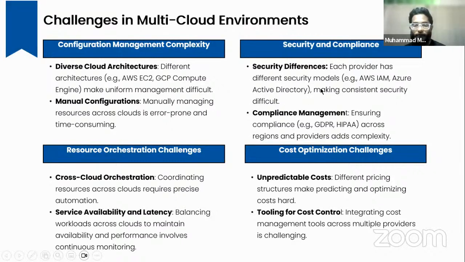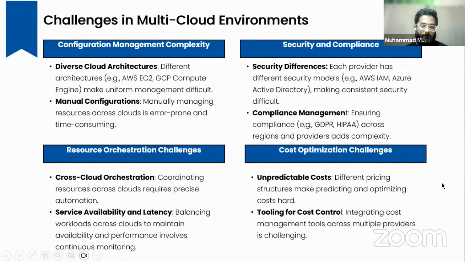The third challenge we are facing is security and compliance. Each provider has a different security model, like AWS having IAM and Azure having Active Directory, so it makes consistent security difficult. Compliance management, ensuring compliance across regions and providers, adds more complexity.